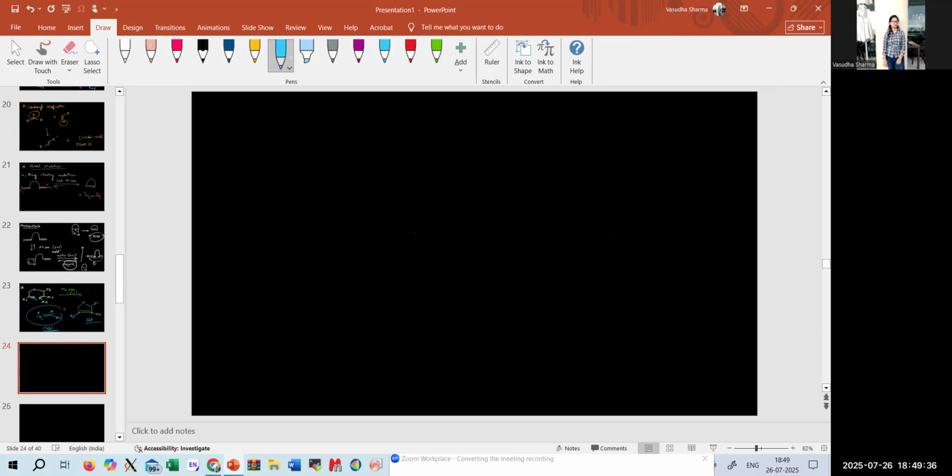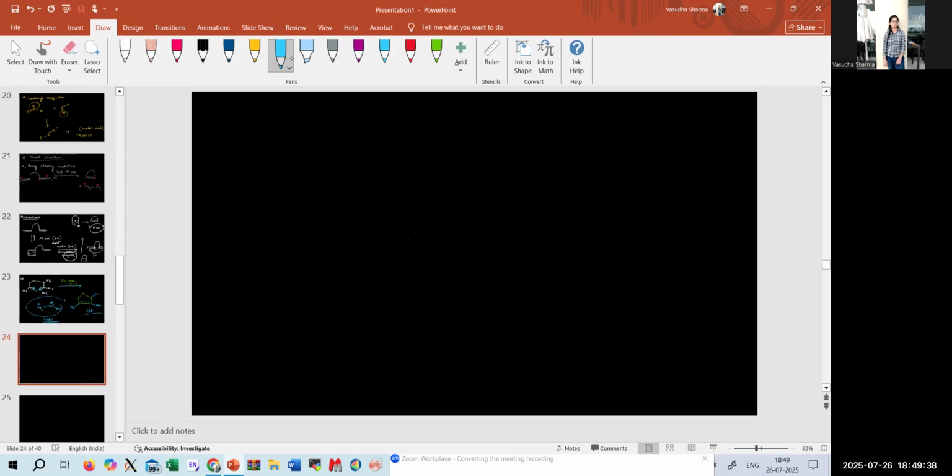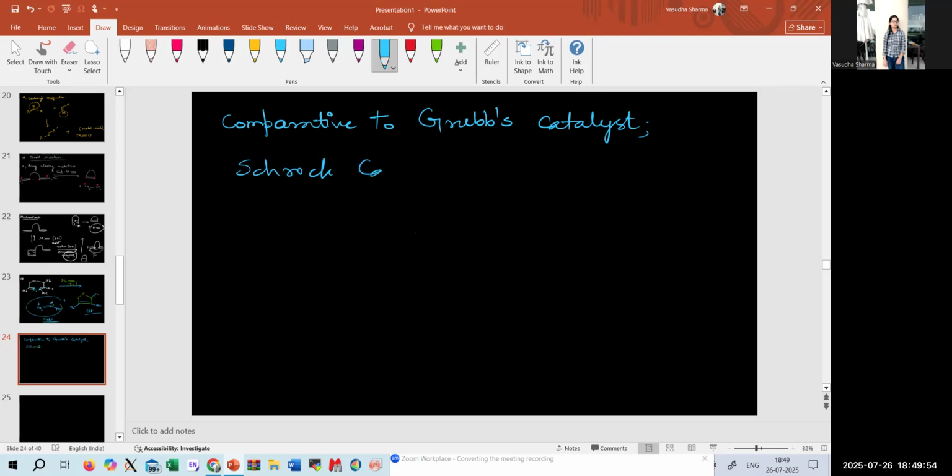Now it has been found that, compared to Grubbs catalyst, the Schrock catalyst has less functional group tolerance.